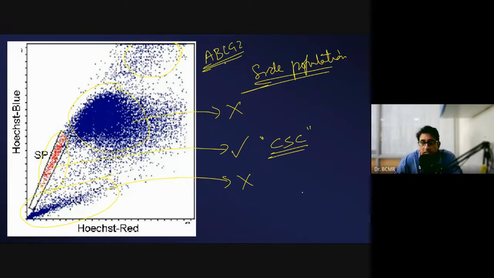That means the cells that have expressed ABCG2 are likely the cancer stem cells. That's the question. The next question would be, has ABCG2 anything to do with cancer stem cells? Or is the gene expression of ABCG2 essential to behave like a cancer stem cell? These are some of the questions.